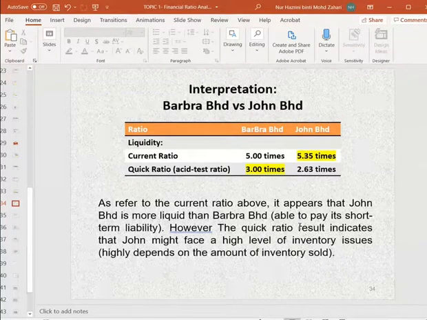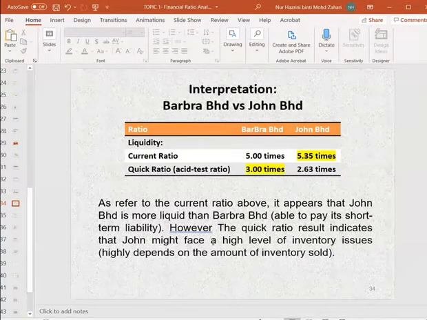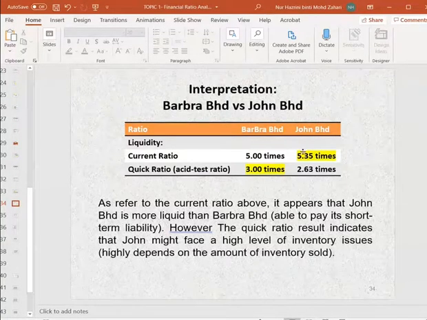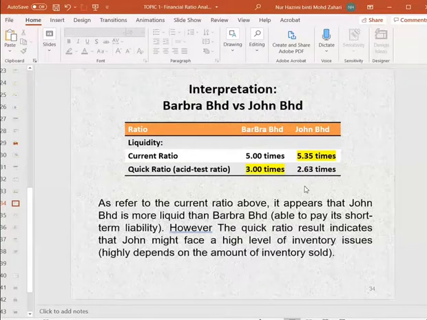However, the quick ratio result indicates that John Berhad might face a high level of inventory issues. Okay, so here you can see that for the current ratio, it's higher than Barbara. But then when we calculate the quick ratio, it is lower than Barbara.